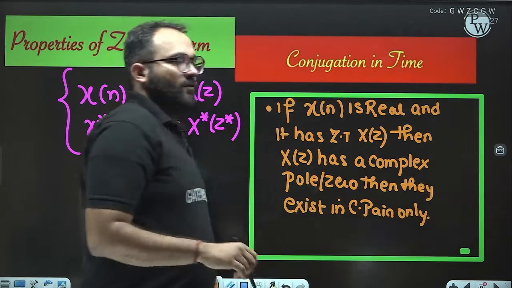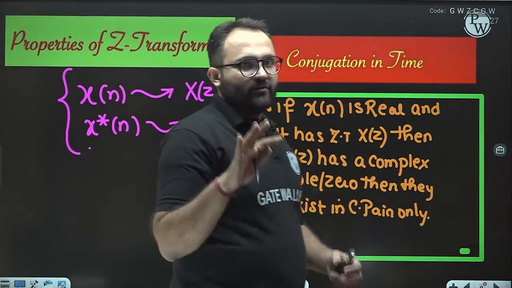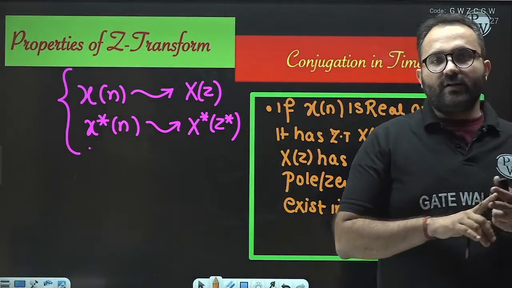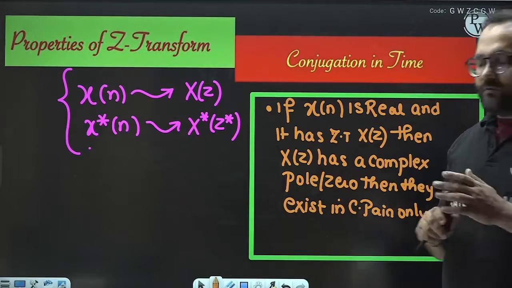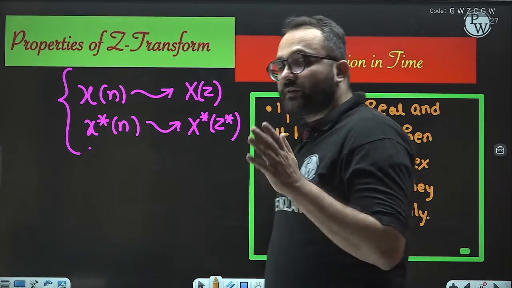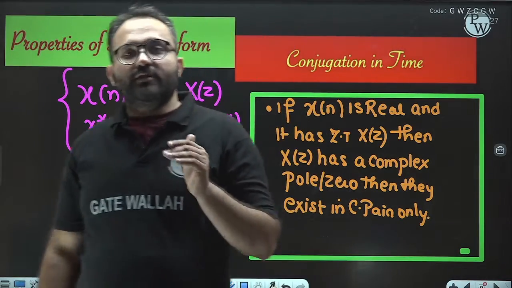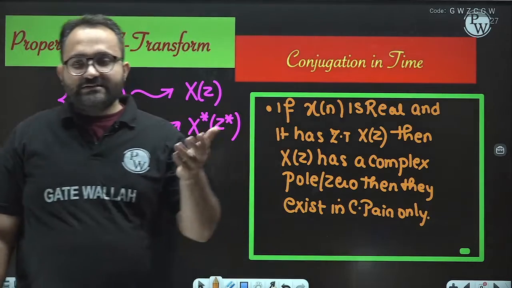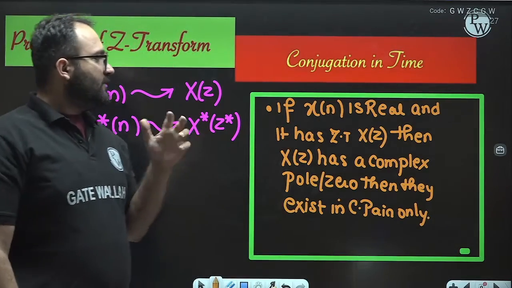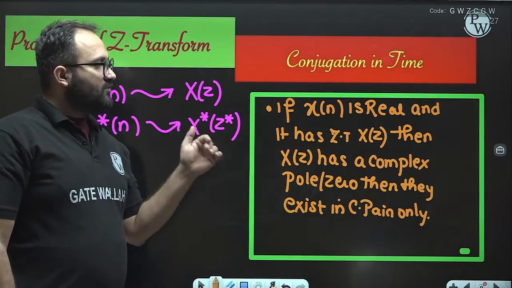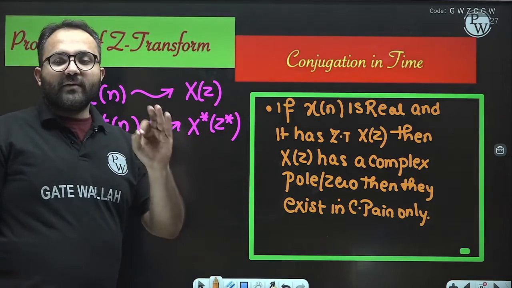Okay, so these three properties you have to remember, one for even, one for odd, and one for the real. If the signal is real, then the Z transform, that is X(z), will have complex poles or zeros in conjugate pairs only.